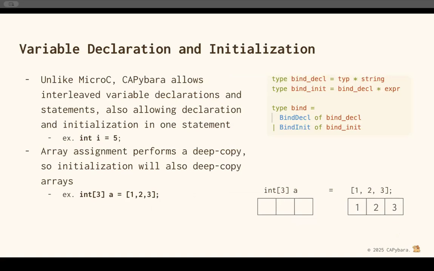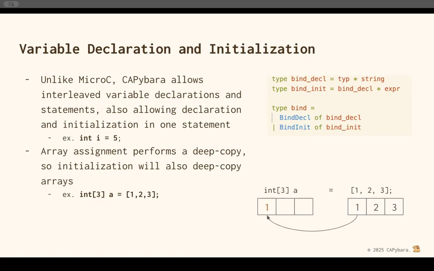So as Mara said, our Capybara language allows interleaved variable declarations and statements. We also allow declaration and initialization to happen in one statement. So you can either declare and then initialize, or you can initialize it to an expression on the right-hand side. For our array assignments, we perform a deep copy, so the initialization also performs a deep copy.